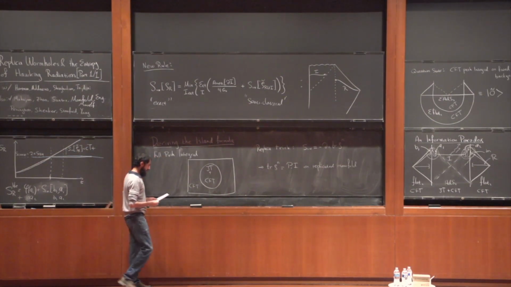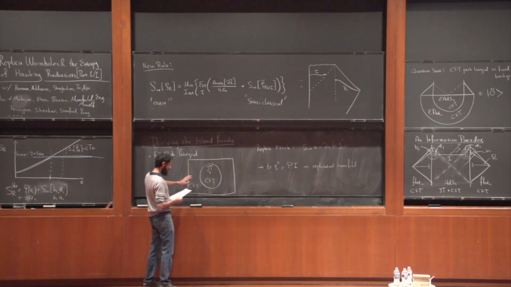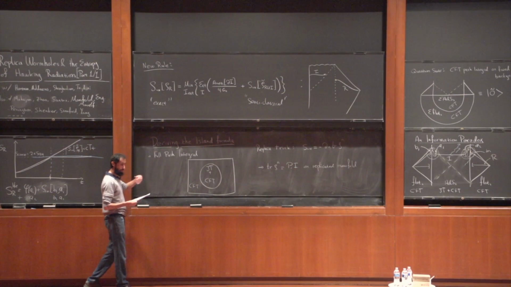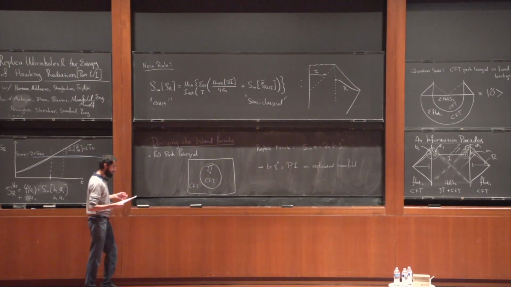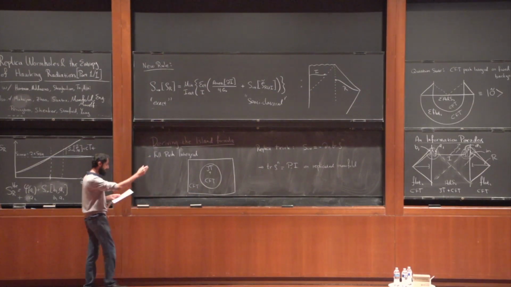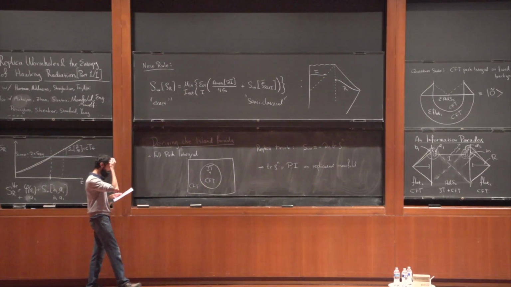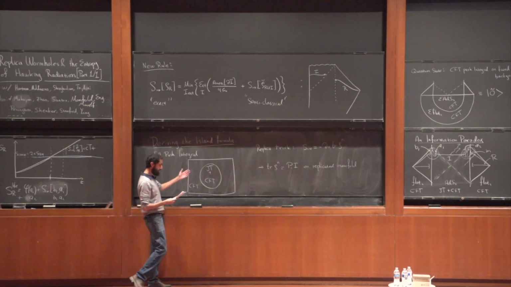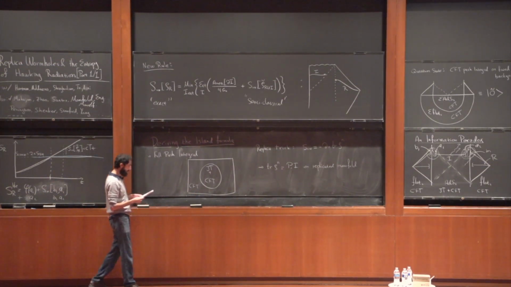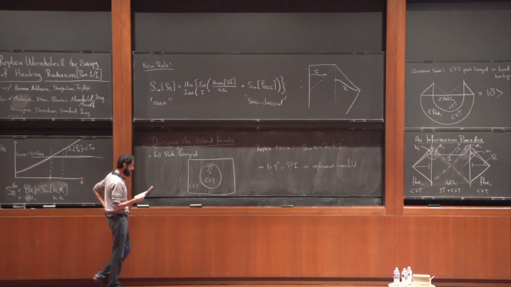In this path integral, we are integrating over all CFT and JT gravity configurations. The semi-classical Hartle-Hawking state that we discussed over there is a saddle point of this path integral, but we want to consider the full path integral.